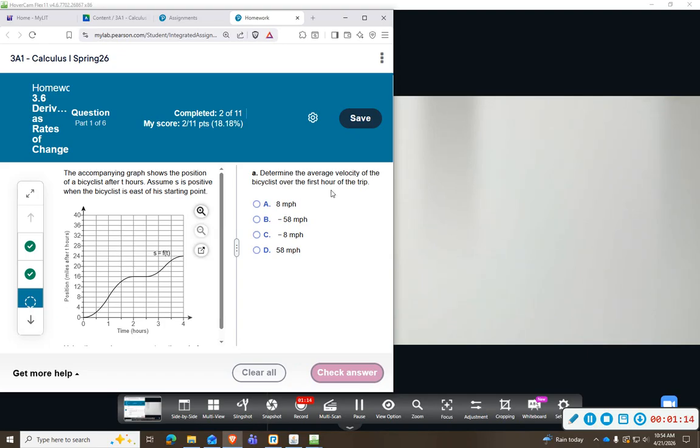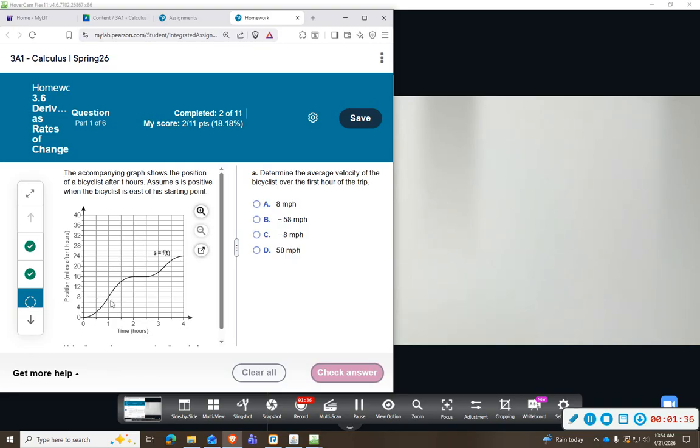So it wants us to determine the average velocity of the bicycle over the first hour of the trip. Okay, so you can pretty much do the slope formula. First hour, we would go from 0 to 1. It's almost a straight line.